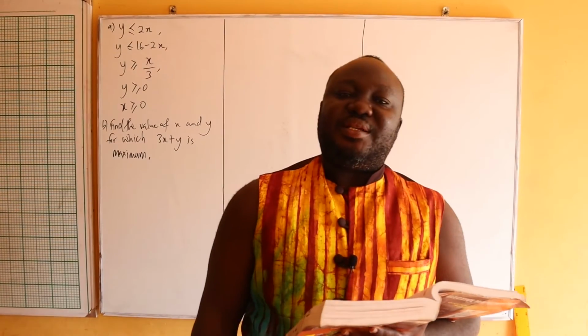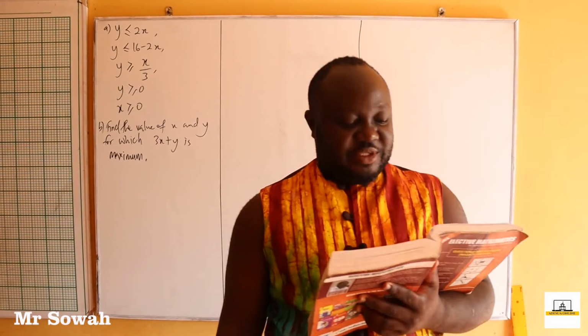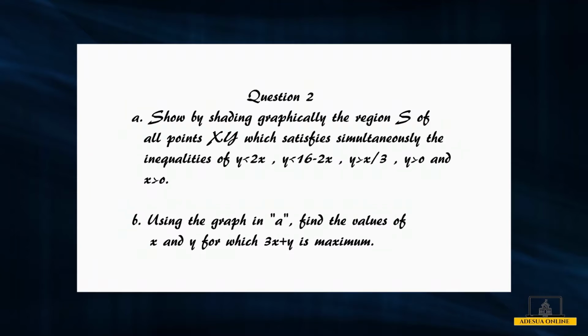We are going to continue our lesson by solving this question under linear programming. Then we complete linear programming. A: Show by shading graphically the region S of all points (x, y) which satisfies simultaneously the inequalities y is less than 2x, y is less than 16 minus 2x, y is greater than x over 3, y is greater than 0, and x is greater than 0.